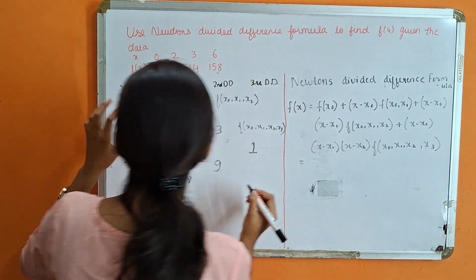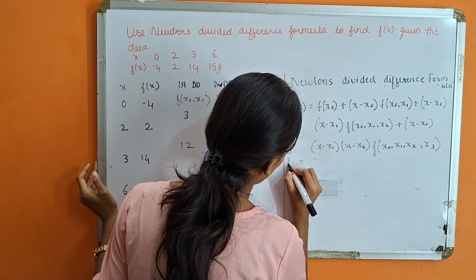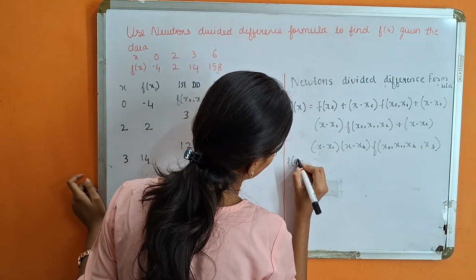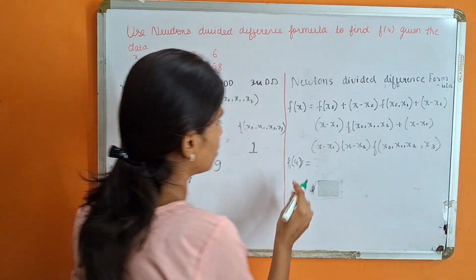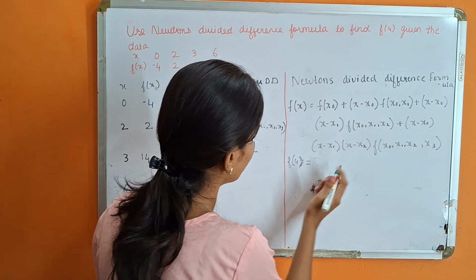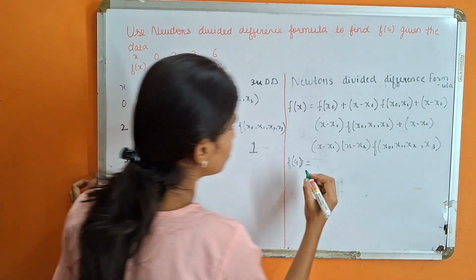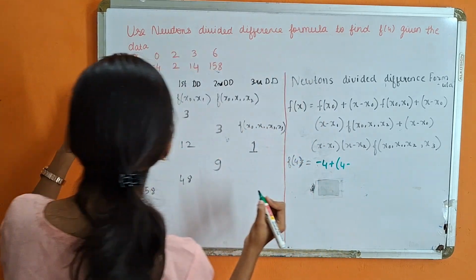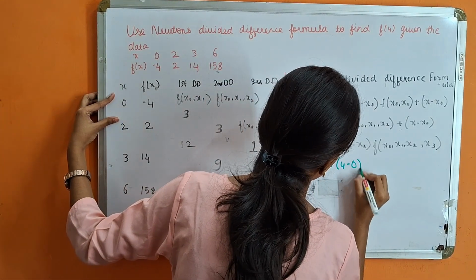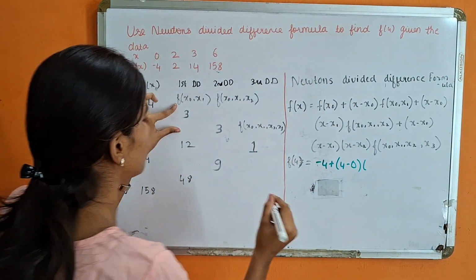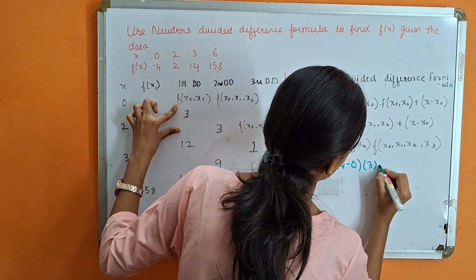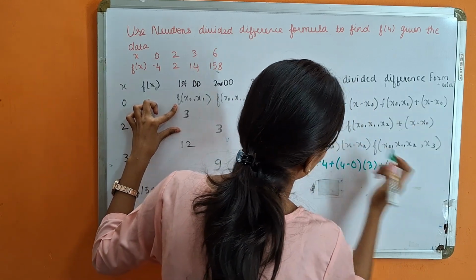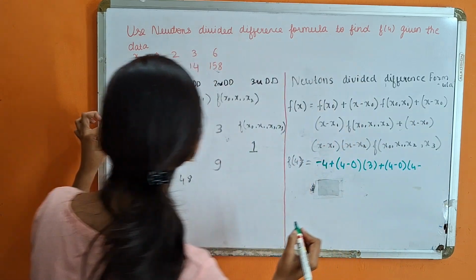So what is f of x0? First we will write down the f of x value they have given us, 4. F of x0 is minus 4 plus x is 4 minus your x0, which is 0. F of x0, x1 is 3 plus 4 minus 0 and 4 minus x1, which is 2.